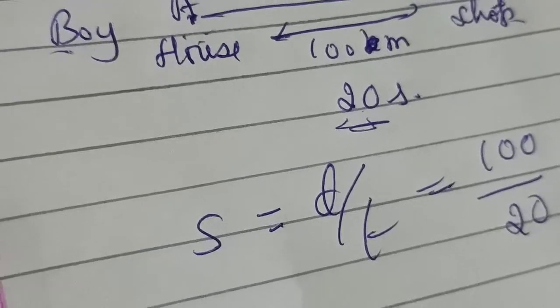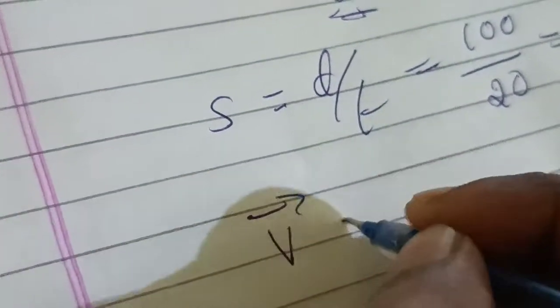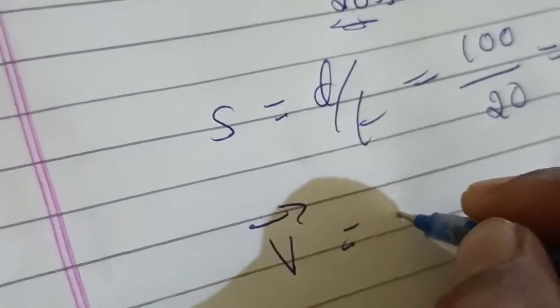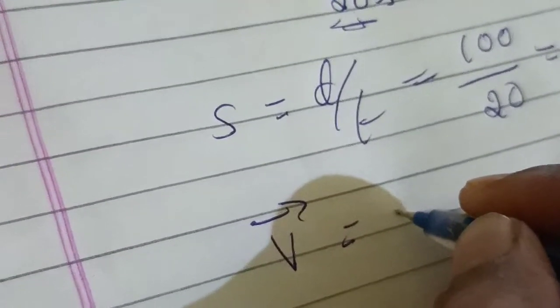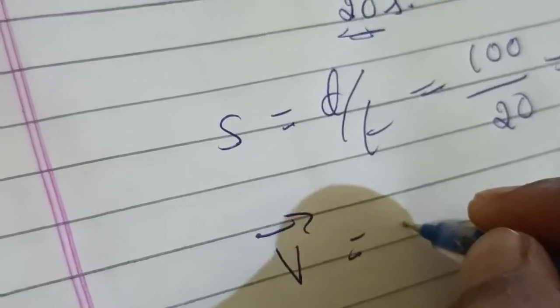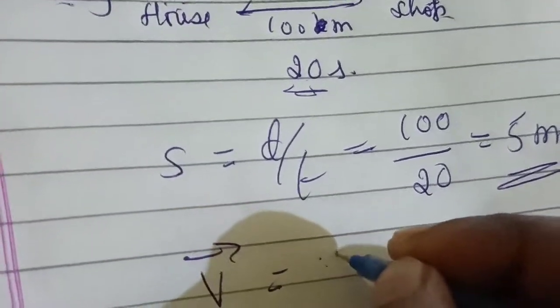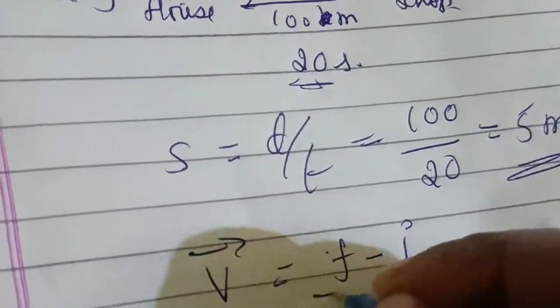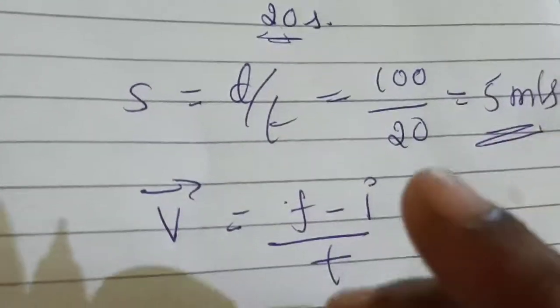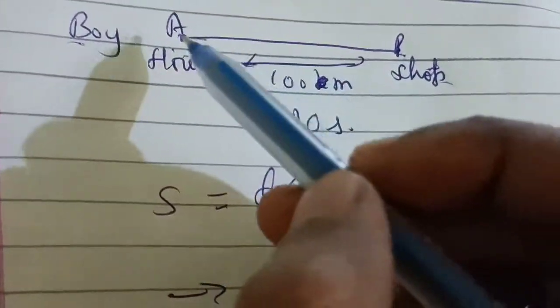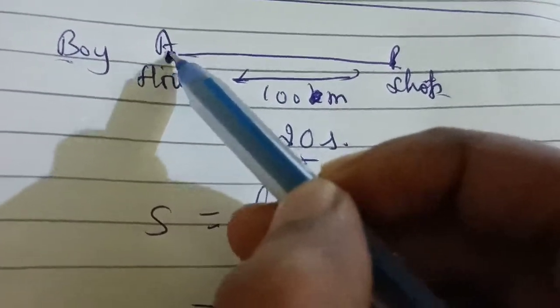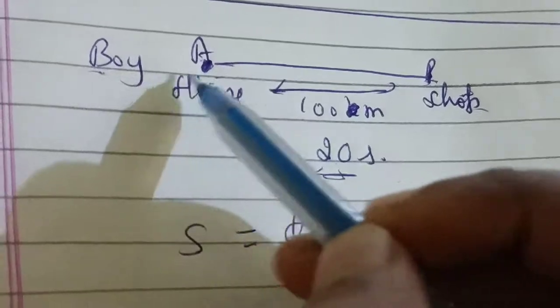Now if I ask you what is the velocity? That is displacement by time. What is the displacement? I have told you, that is final minus initial position upon time, velocity. Okay, so the boy is moving from point A to point B, that is from house to shop.